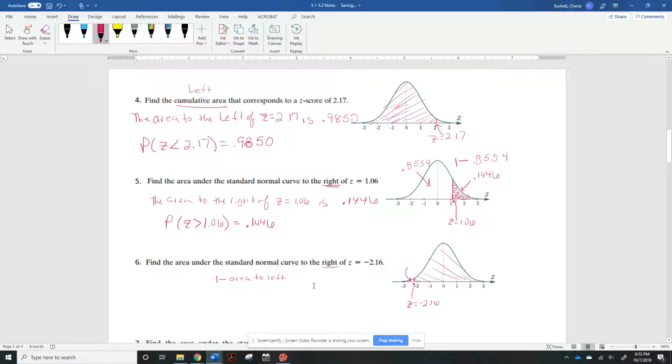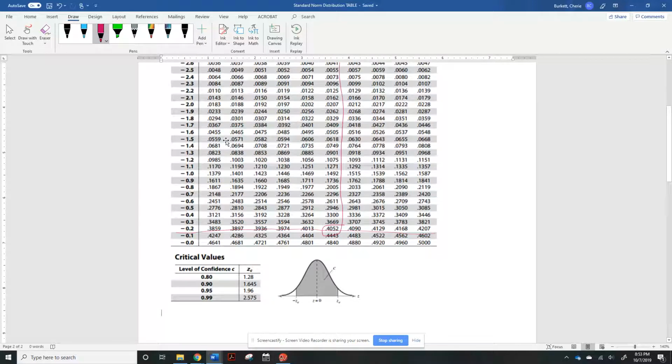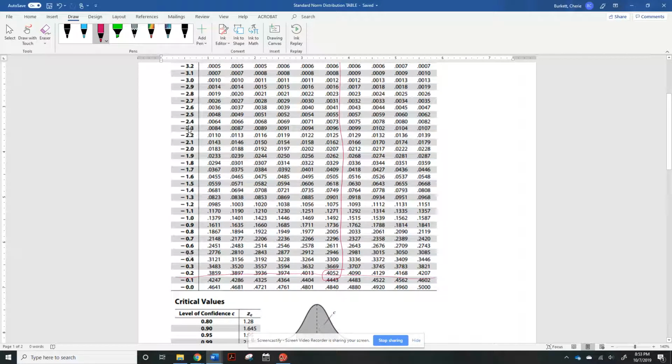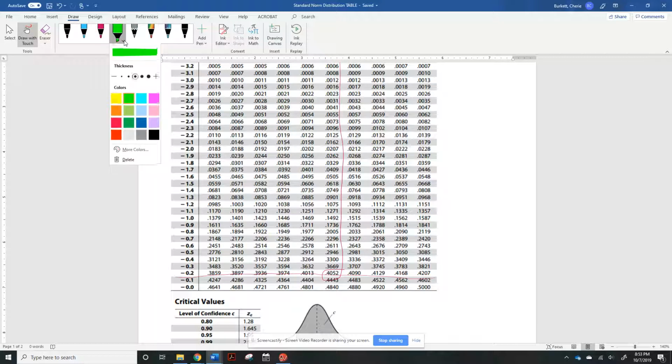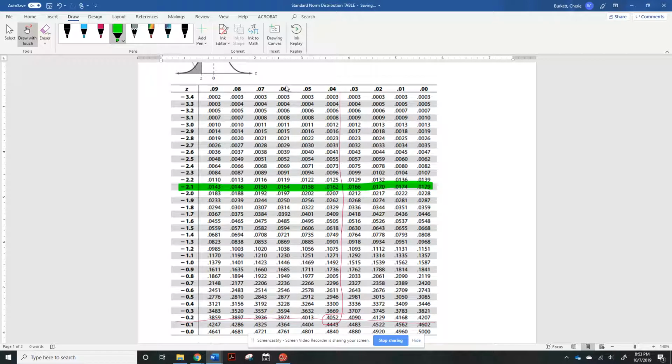So you go look up negative 2.16. Negative 2.1 right there, and 2.16 is right there.